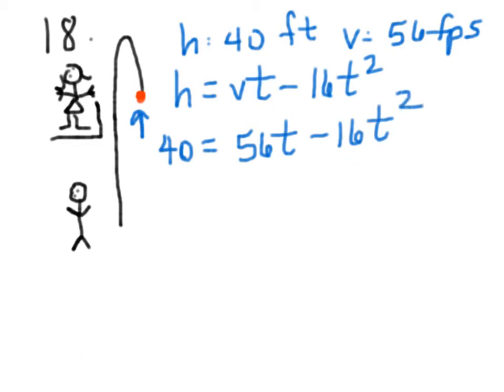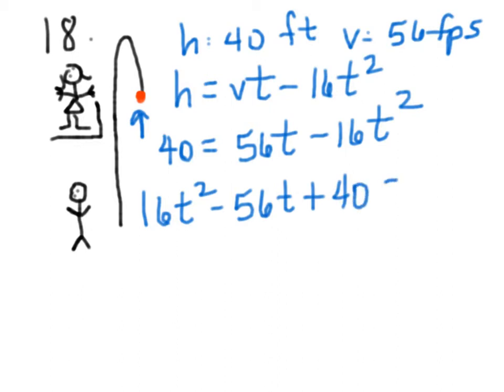and just like the hot air balloon one, we're going to add the 16t squared and subtract 56t from both sides, which gives us 16t squared minus 56t plus 40 is equal to 0. Now you're going to solve for t. You don't want the first time because the first time is as the apple is going up.